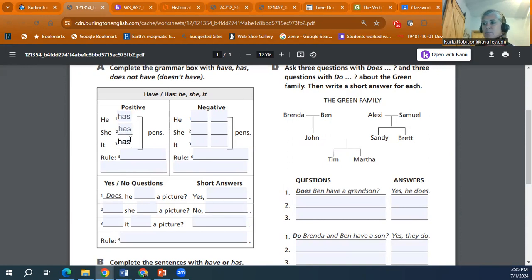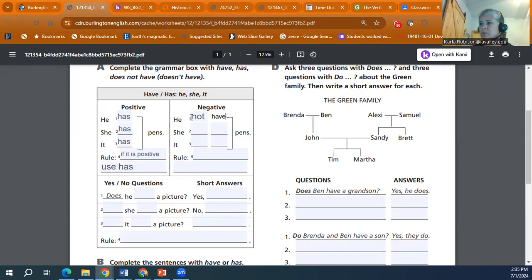It has pens. Okay, so the rule is if it is positive, so meaning yes, it's true, or yes, you have one, you're going to use has. Okay. If it is negative, that means it has a not in it. You're going to say not have.